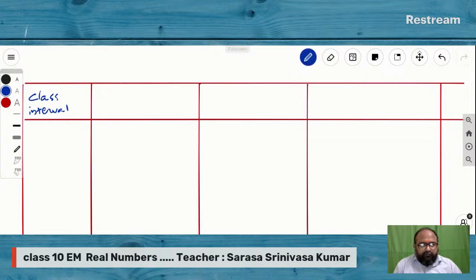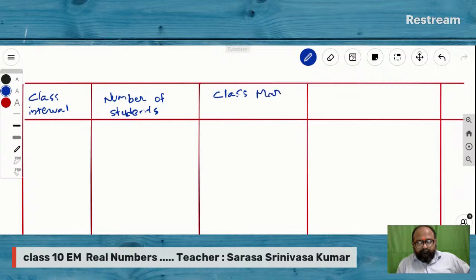The third one is class marks, xi, and this is fi. The last one is fi xi.